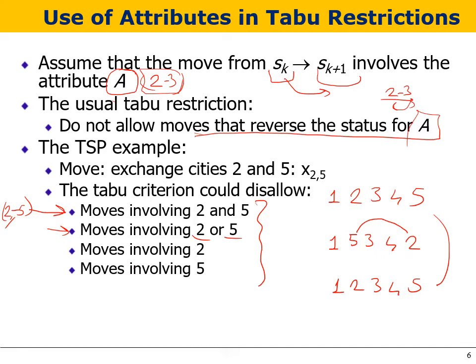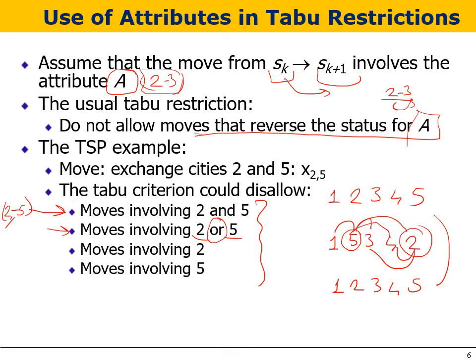But in the new one, I am forbidding this move because it involves an exchange of 5. I am forbidding this move, this move, this move. Whenever a move includes 5 in it, I am forbidding. And also, I am forbidding all the moves that include 2. So 2 or 5. Okay, I am forbidding all these moves.